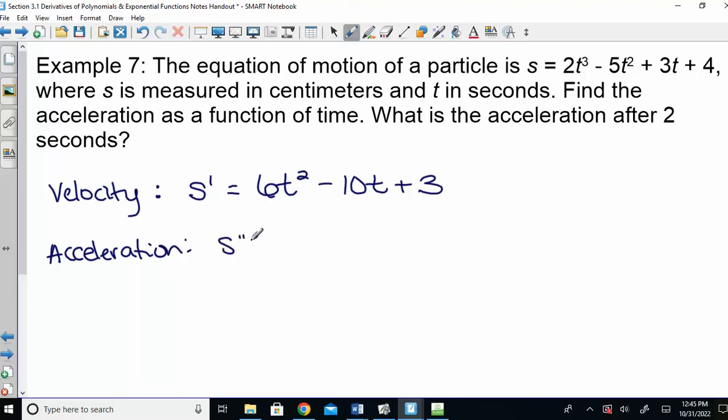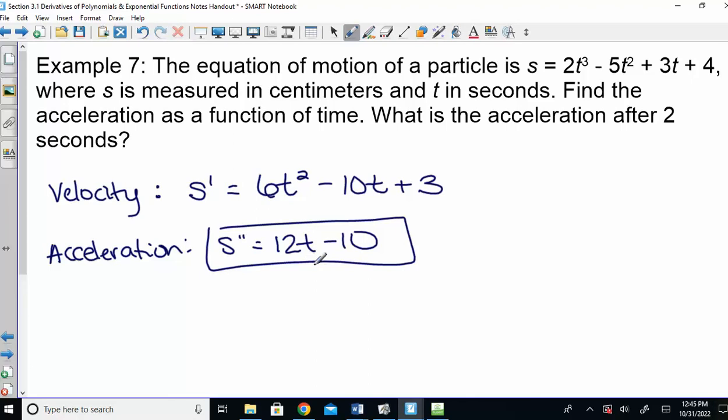So acceleration would be the second derivative. So if I do the derivative of this answer, we get, so that's my acceleration. And then I wanted the acceleration after 2 seconds. We plug in a 2.